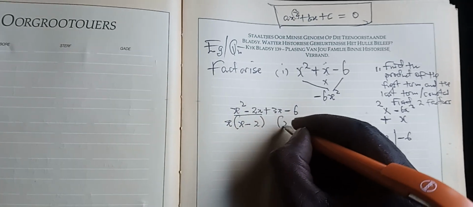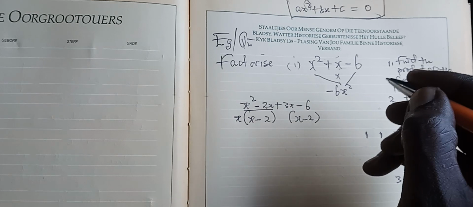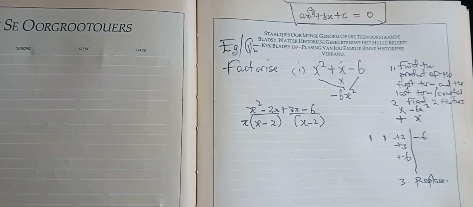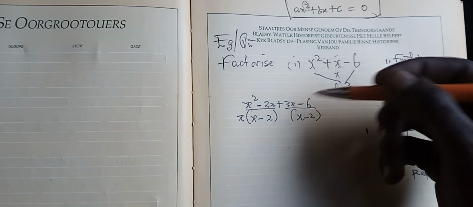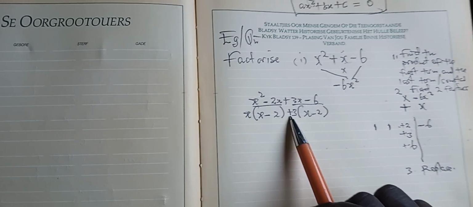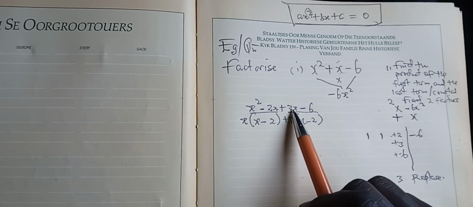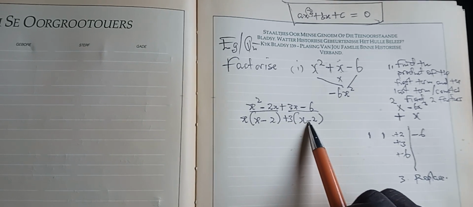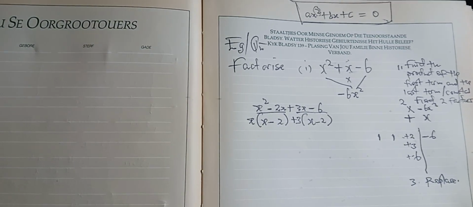This x minus 2 must also be the same after factoring out something on these last two terms. And on these terms, we are going to factor out a positive 3, so that when we say positive 3 times x, we get a positive 3x, and positive 3 times negative 2, we get a negative 6.